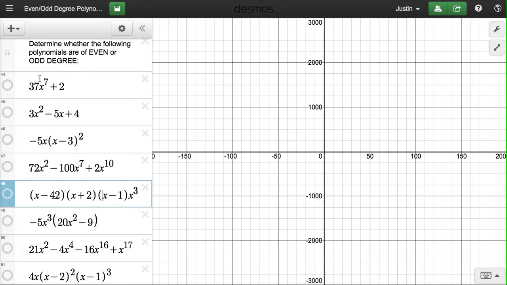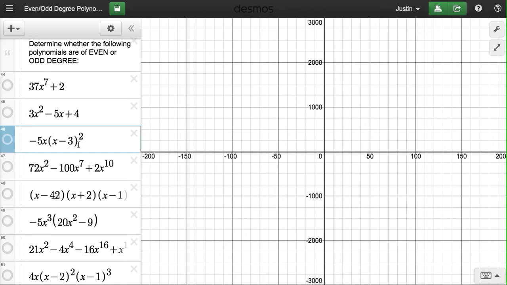This term right here is of degree what? Yes, 7, degree 7 because of this power. That means it's what? Yes, odd degree. This polynomial is degree, that's right Jackie, it's 2, degree 2. This polynomial is of degree, no, this polynomial is not degree 2. Notice what I'm highlighting.